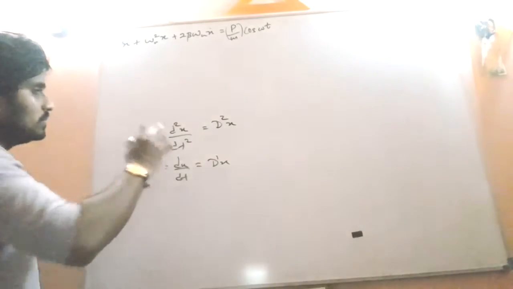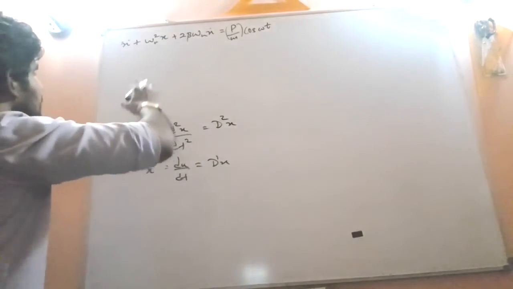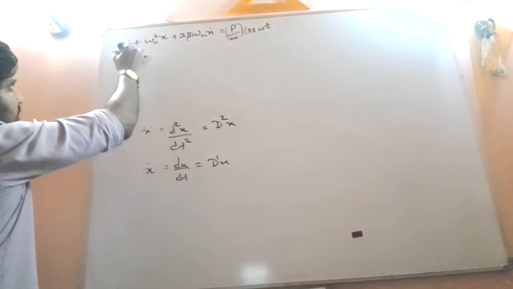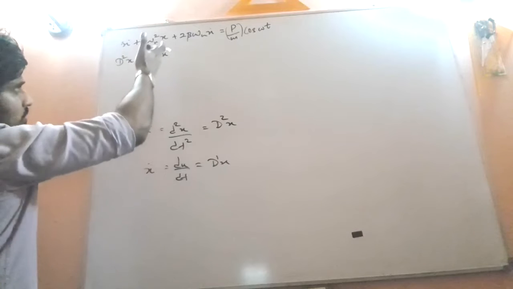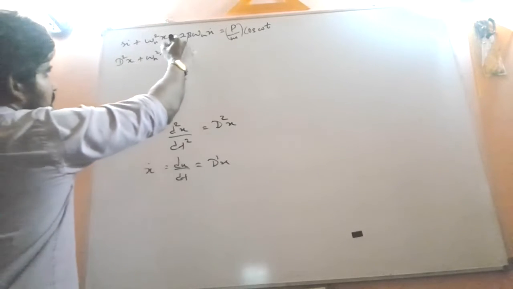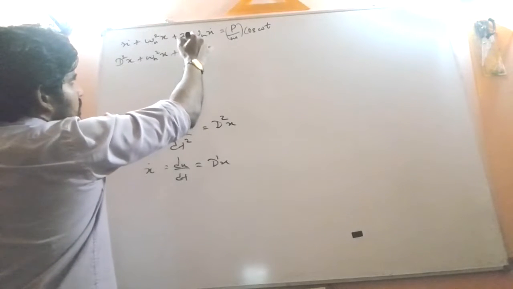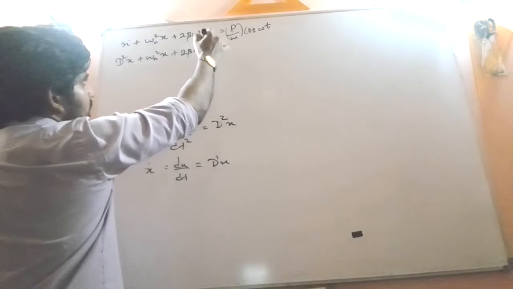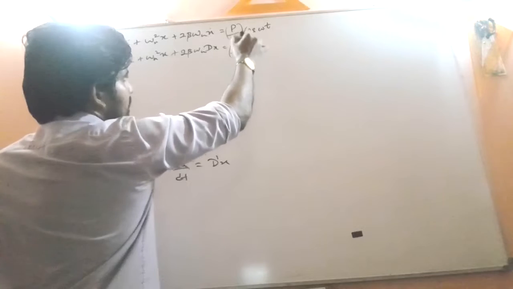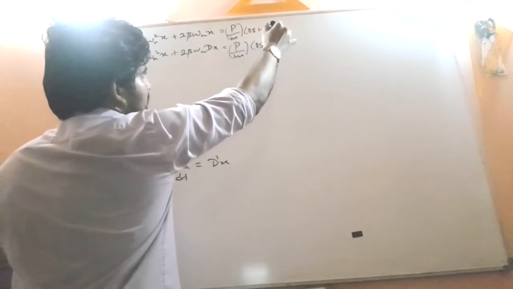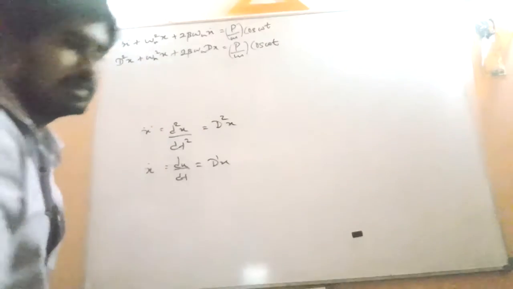So now we are going to use the technique in here. We can say D squared x plus omega n squared x, because you don't need any D operators there, plus 2 beta omega n Dx equals P divided by M cos omega t, right?